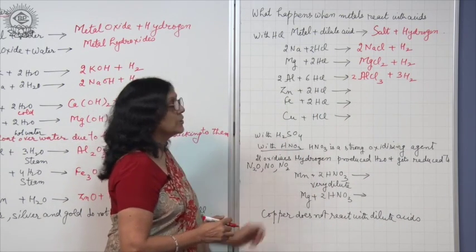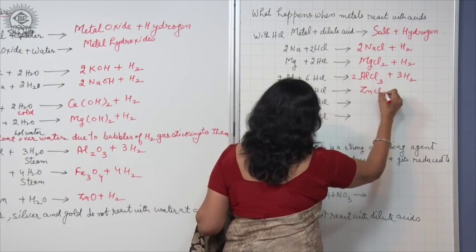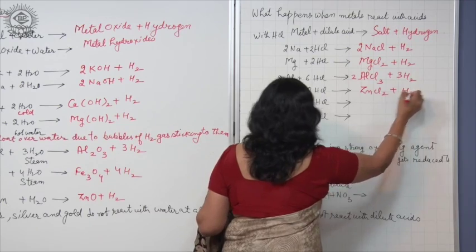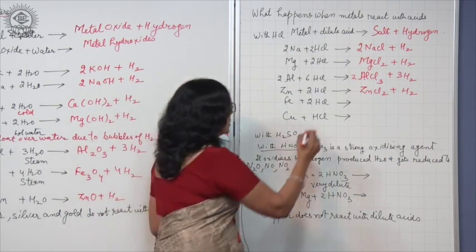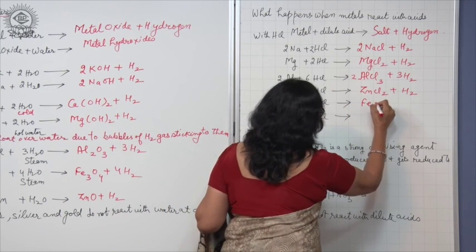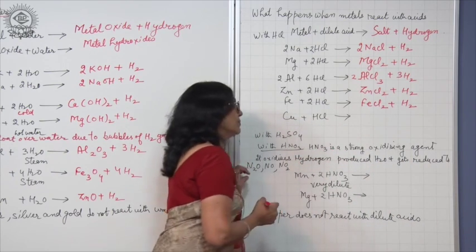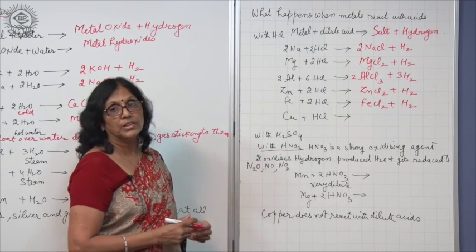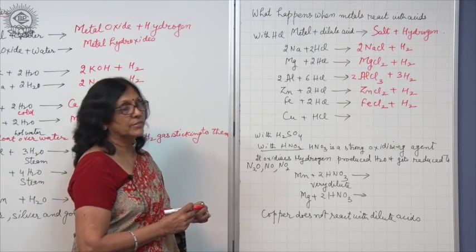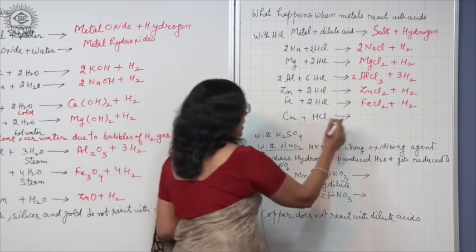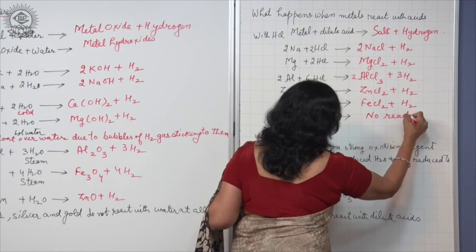In this case zinc chloride will be formed, ZnCl2 and hydrogen. In the case of iron, write the equation yourself. Ferrous chloride and hydrogen will be formed. Now, let us see what happens in the case of copper. Copper is very less reactive and it does not react with HCl, no reaction occurs.